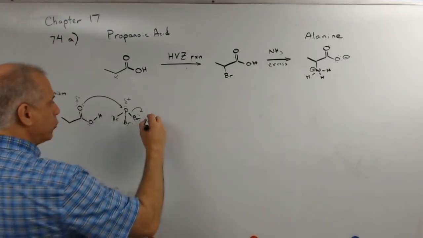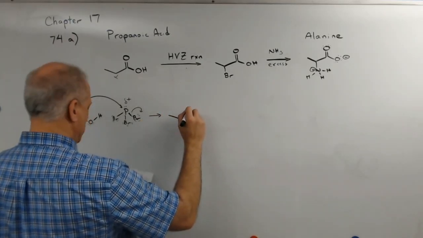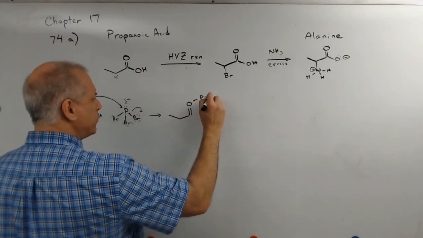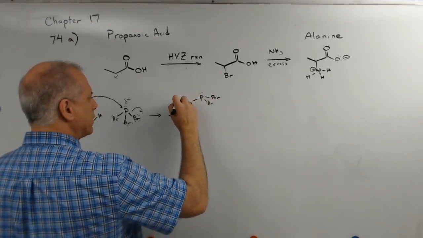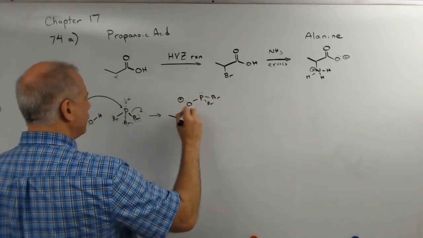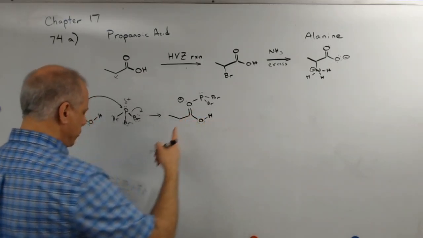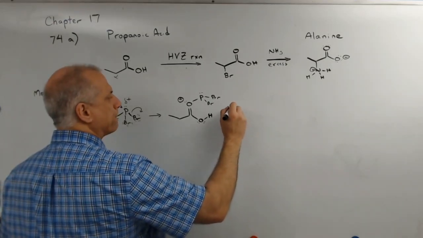At that point we have a carbonyl. With the phosphorus, we'll have 2 bromines on the phosphorus, lone pair of electrons still there. Oxygen over here, we still have our OH group over there, and a Br minus came flying out.